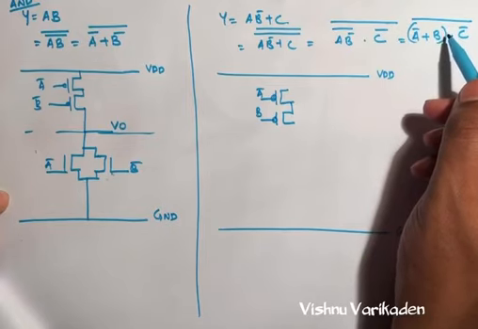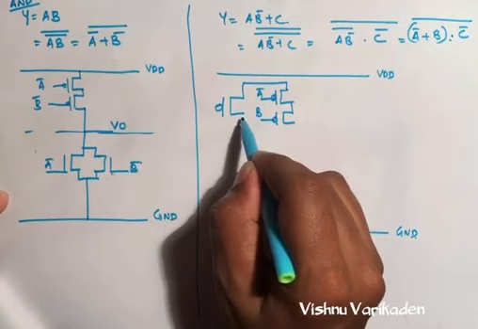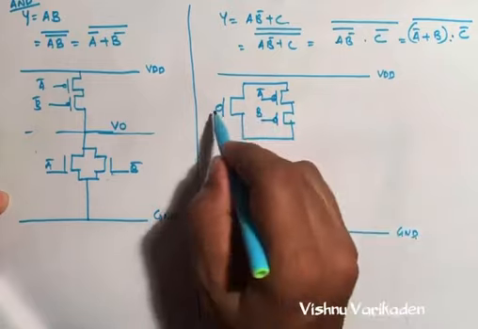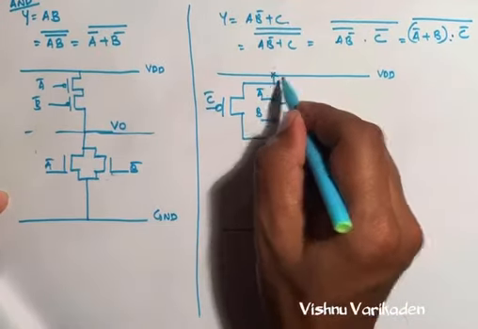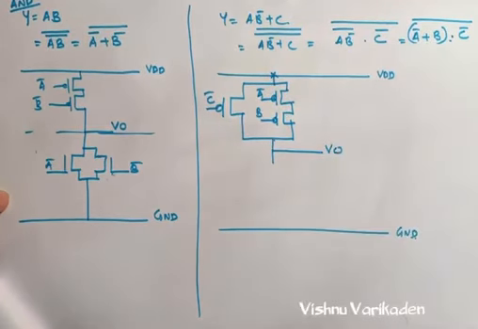So multiplication has happened, so this one is parallel. So this one is parallel, coming C bar. So this is connected to VDD. So coming to this side, this is our V out.